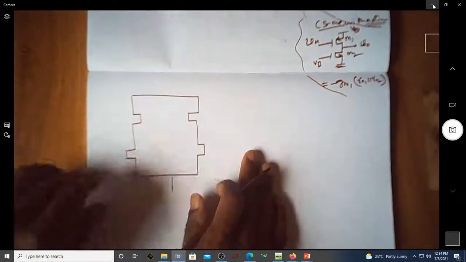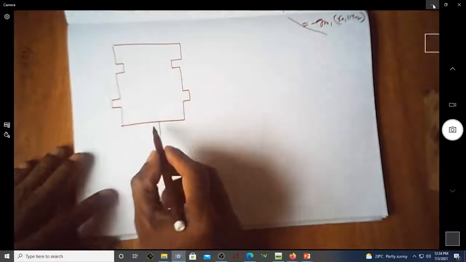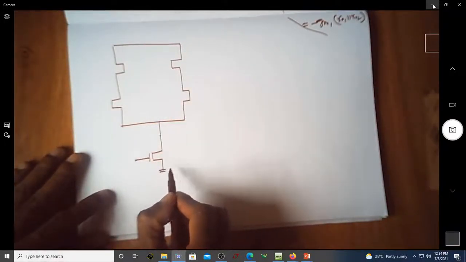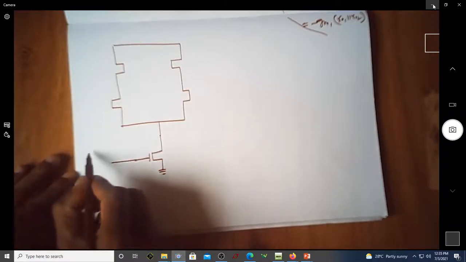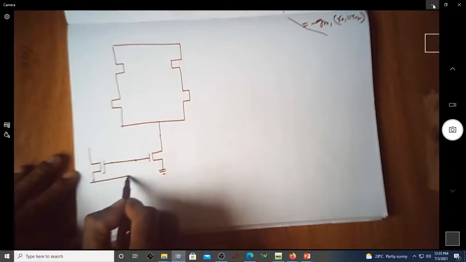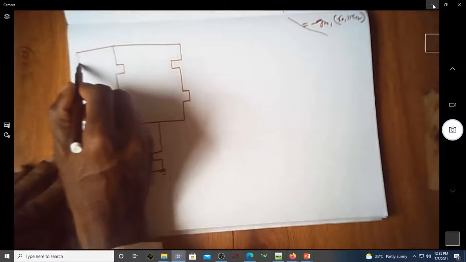Instead of writing a current source as my reference source, I try to realize it using a current mirror circuit. So this is my current mirror circuit. You can just have some source here.